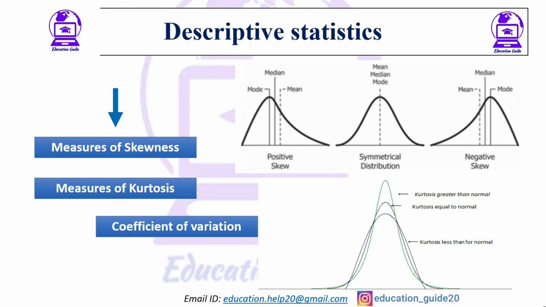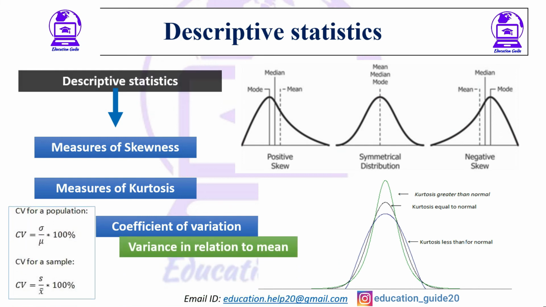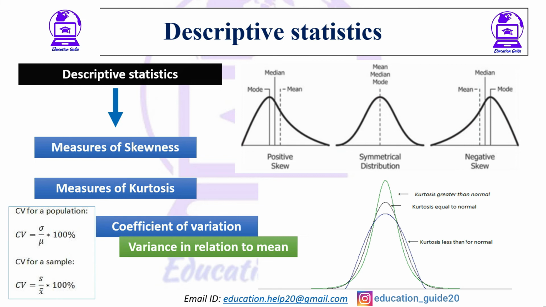However, if there is a variance of 100 grams in the weight of a rat population, it makes a big difference. So, coefficient of variation is one such measure which provides us an idea of variance in relation to the mean of a sample or a population.